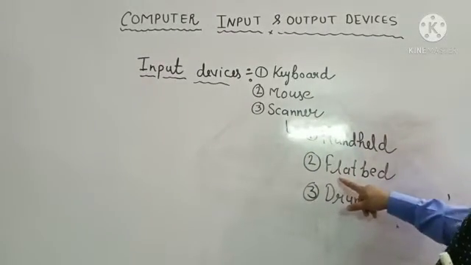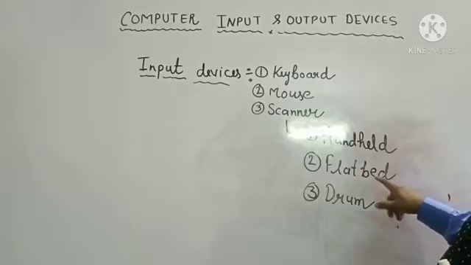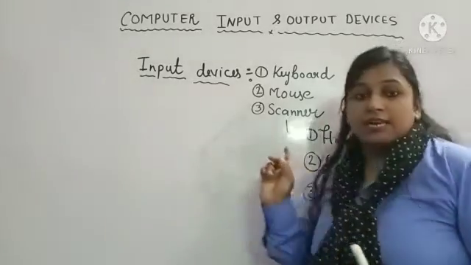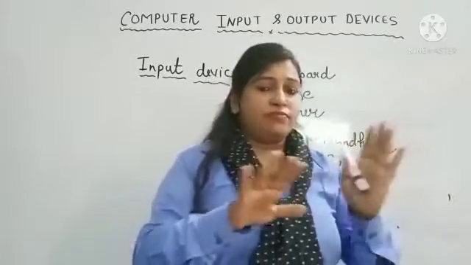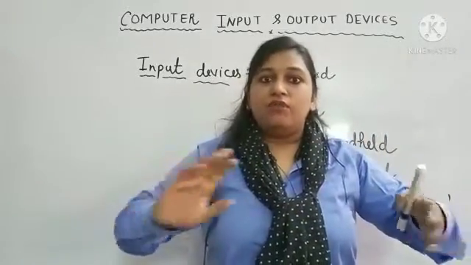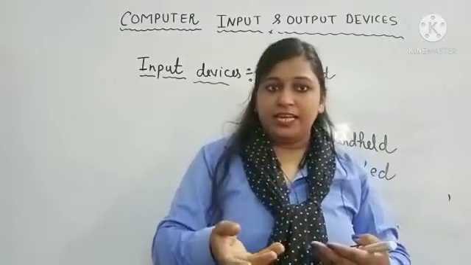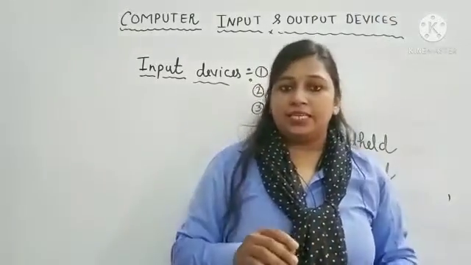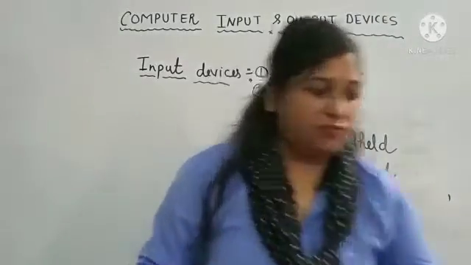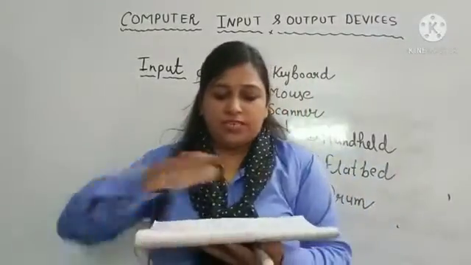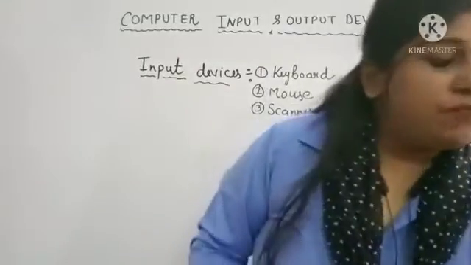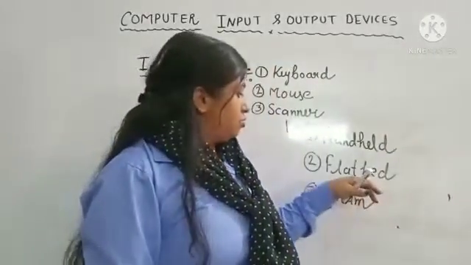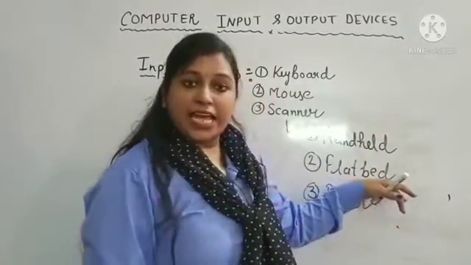And the second is the flatbed scanner. A flatbed scanner is very expensive and has one flat surface for scanning something, right? If you want to scan anything, there is one flat surface. Flat surface means this type of surface. This is flat. Okay. This type of surface is used in flatbed scanners.